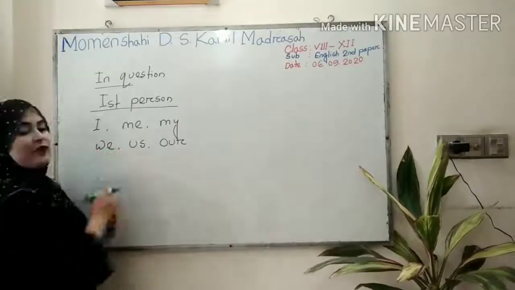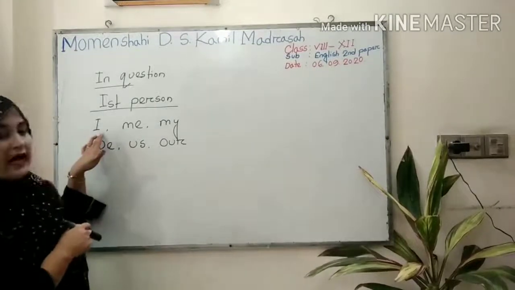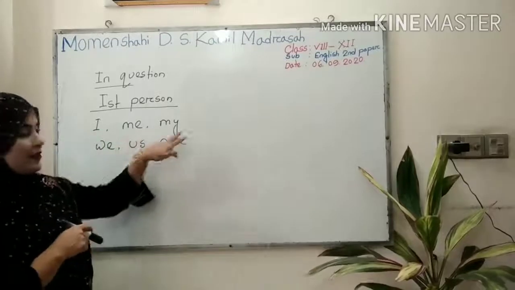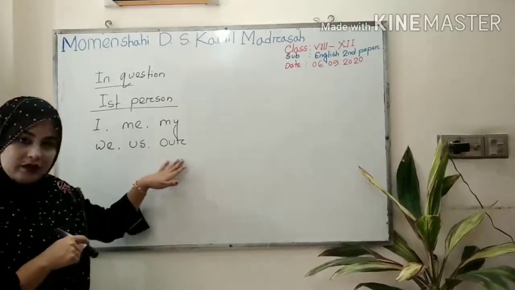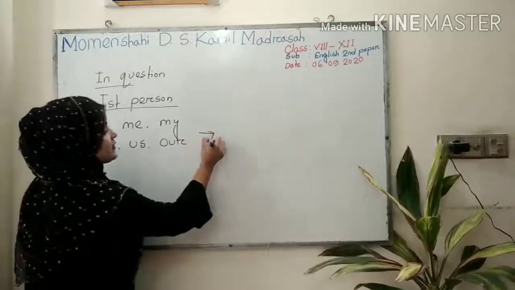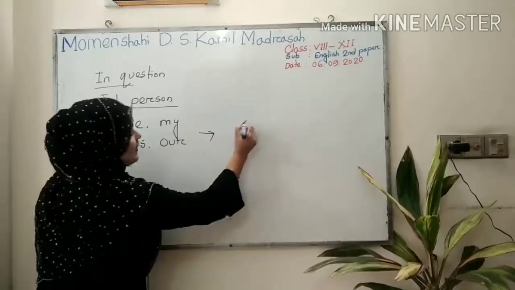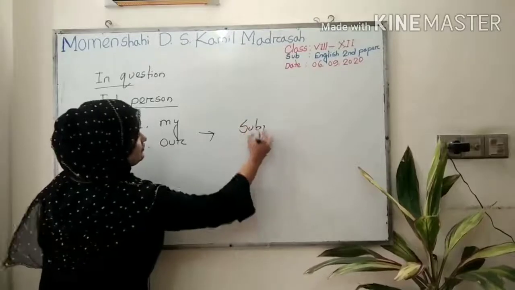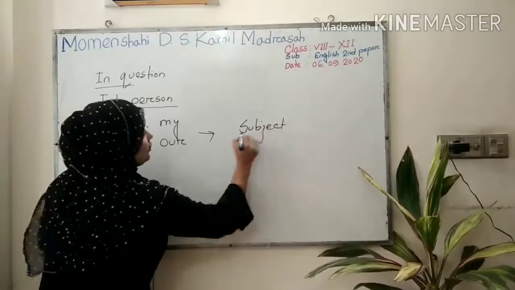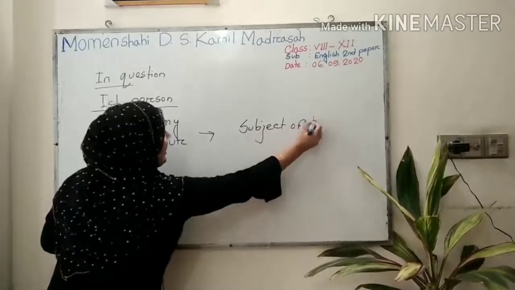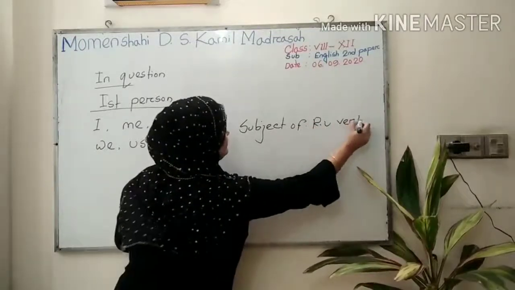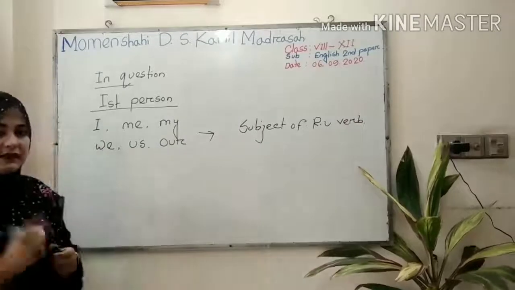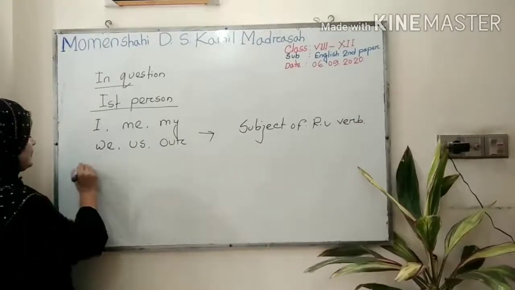So if you get first person, that is I, me, my, we, us, our, you need to change it based on the subject of the reporting verb. Yes? And second person.